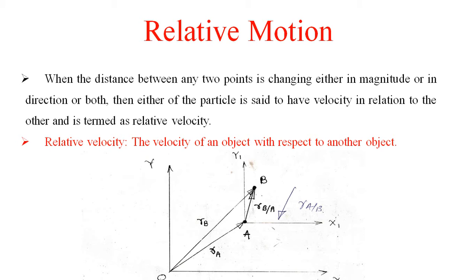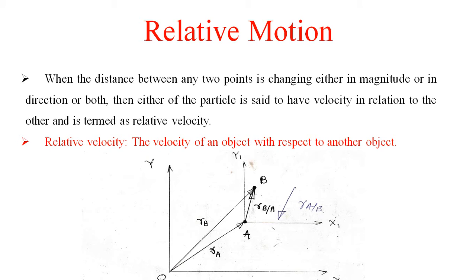Here we have assumed that the earth is stationary, a fixed reference. For the car, the earth is a fixed reference point, so we can relate that velocity with respect to it.